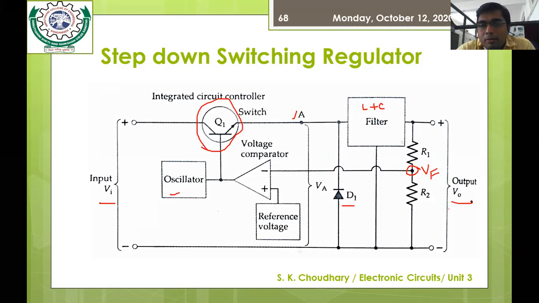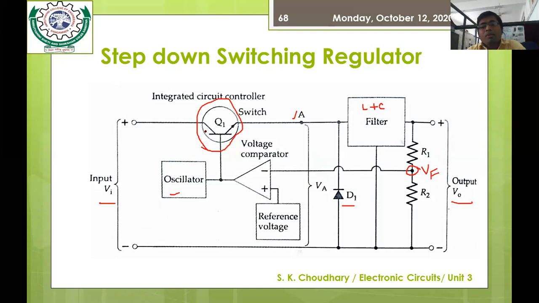So this is basically the block diagram of this SMPS or switching regulator.